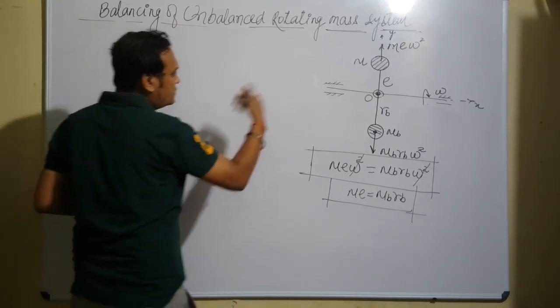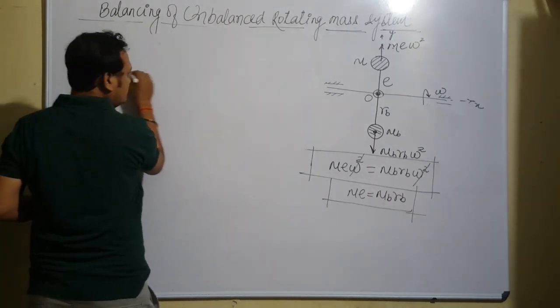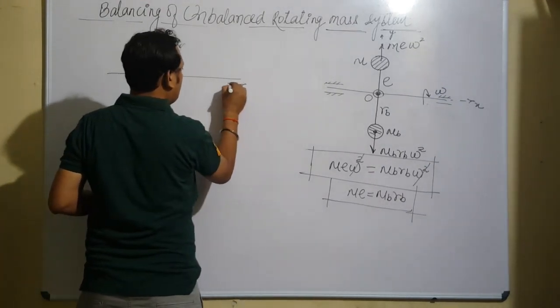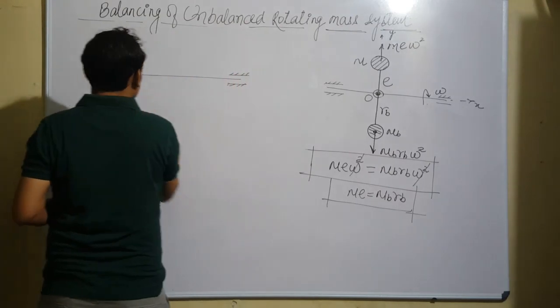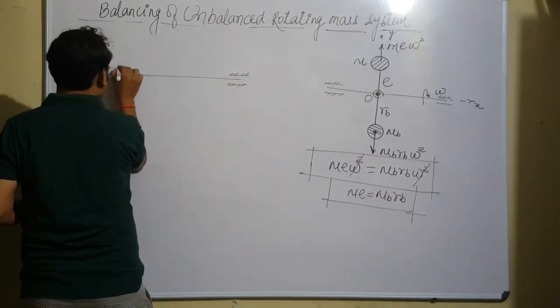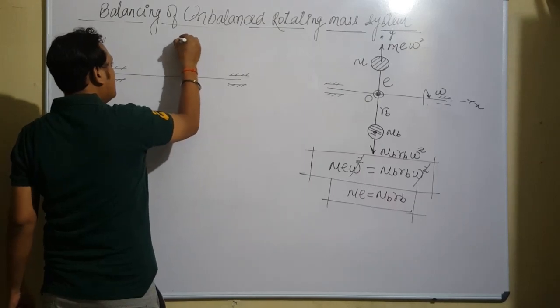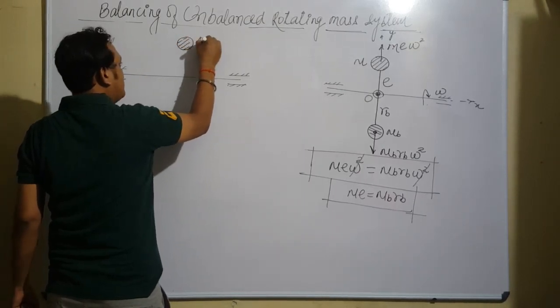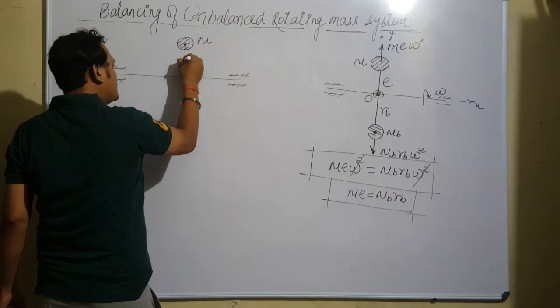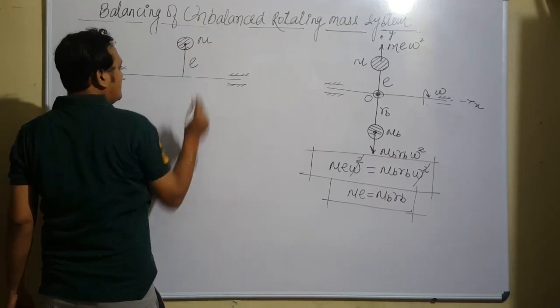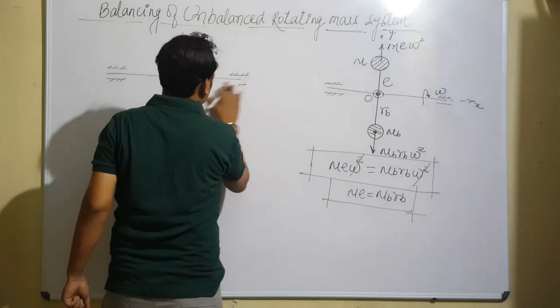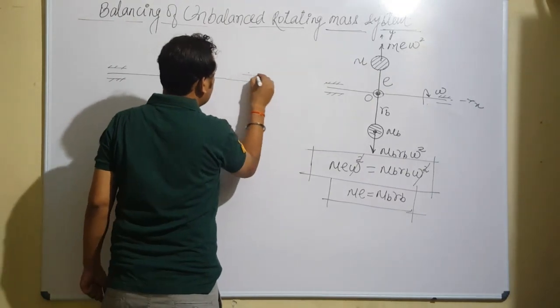Now look, same situation if I take it again. What was the situation? My unbalanced mass M is at an eccentric distance E from the axis of rotation.